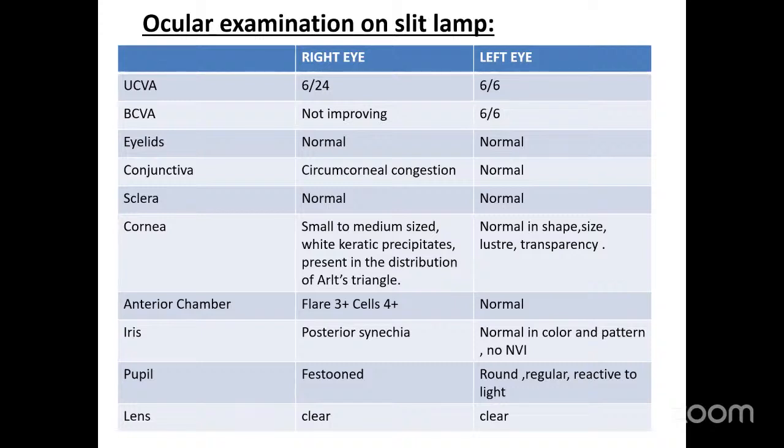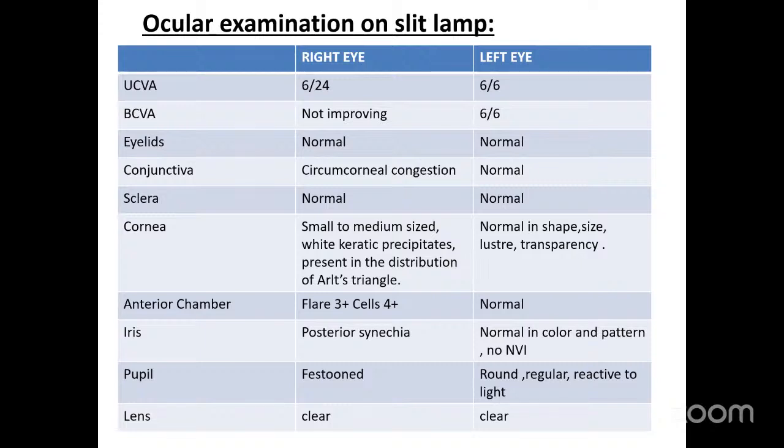I also want to look for more findings in the iris. I'm not satisfied with just one finding. In a case of uveitis, what all would you like to look for in the iris? Ma'am, we have to look for the texture of the iris. Texture is not the right term. What's a better term to use?